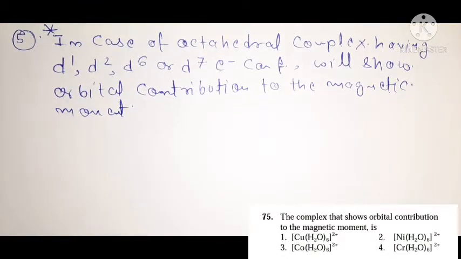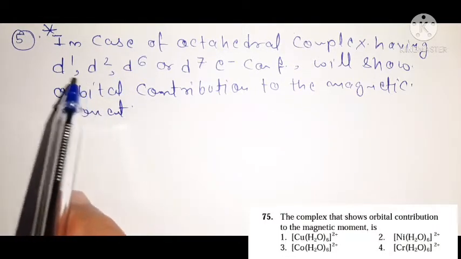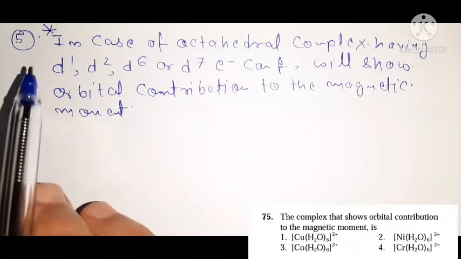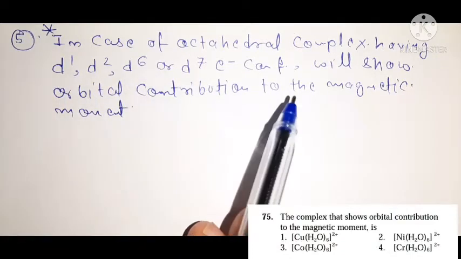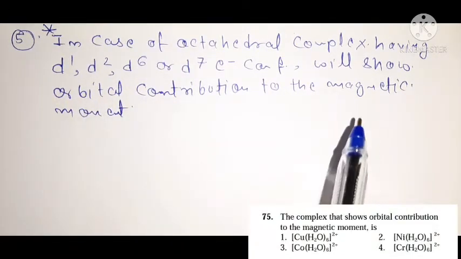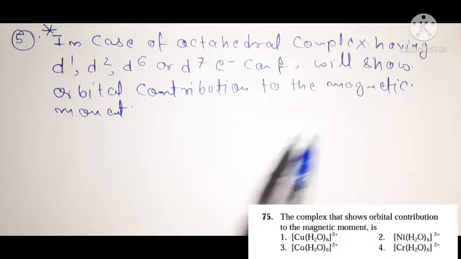So in these 4 complexes, the complex which has d1 or d2 or d6 or d7 electronic configuration will show orbital contribution to magnetic moment. Okay. So we check one by one.